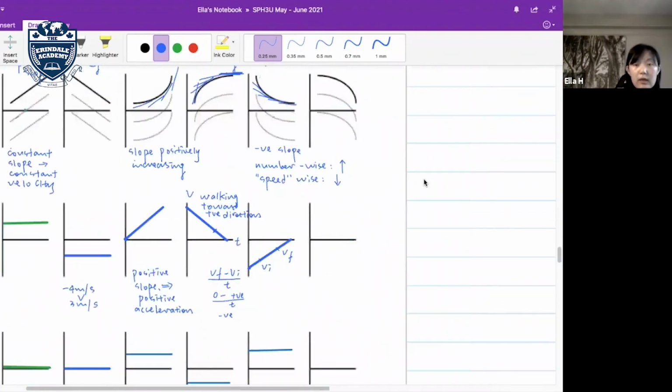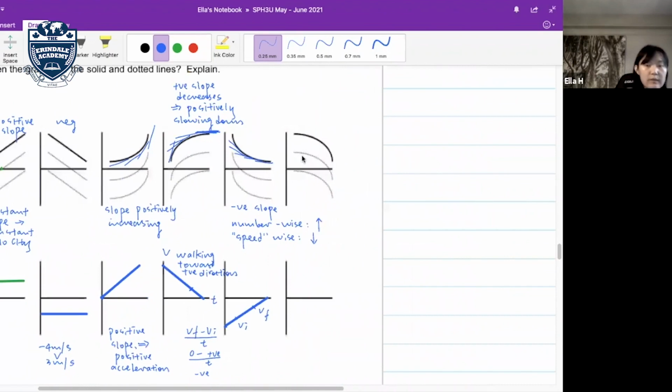And then the last one, so let's quickly finish the last one. First of all, let's see this time, the slope increases. In other words, it becomes more negative, right? It becomes more negative.